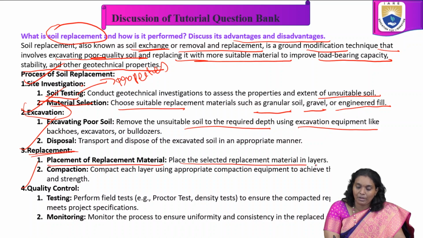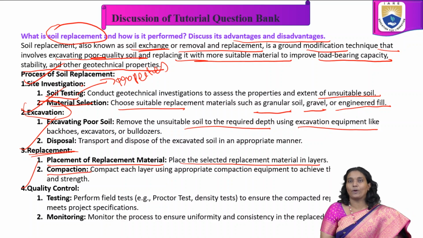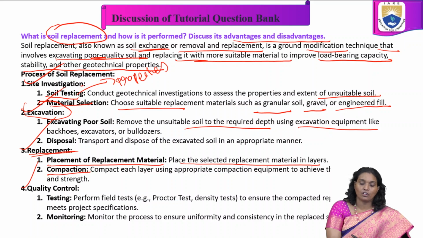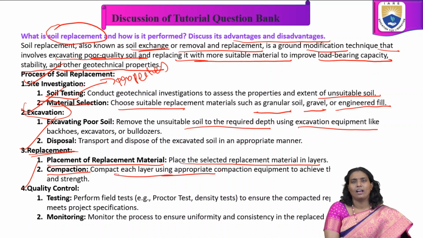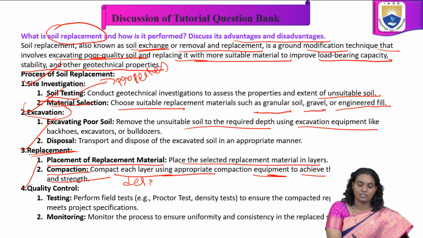Place the selected replacement materials in layers. We do not replace the soil all at a time; we replace it layer by layer. After that, compact each layer using appropriate compaction equipment to achieve the desired density, strength and other desired properties. We may simply write desired properties also.